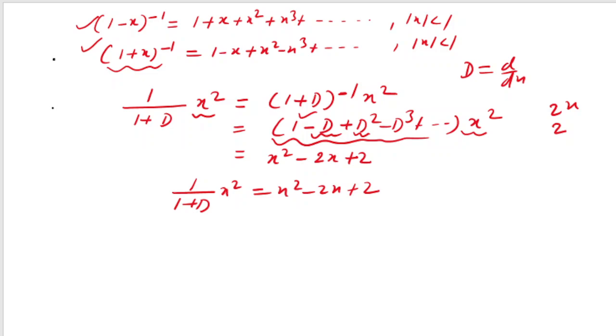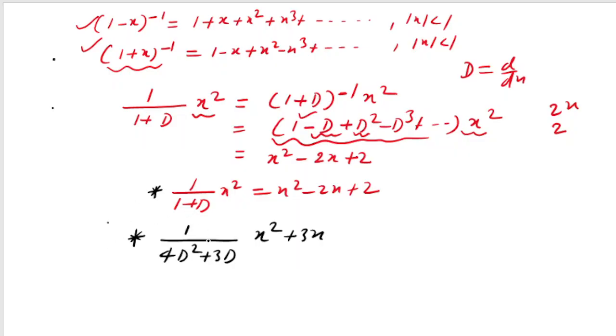Let me take one more situation. Suppose we have 1 by (4D square plus 3D), and suppose I want to operate it on x square plus 3x. These are important multiple choice questions as well. I have stopped the previous problem and came to this so that you get the context.